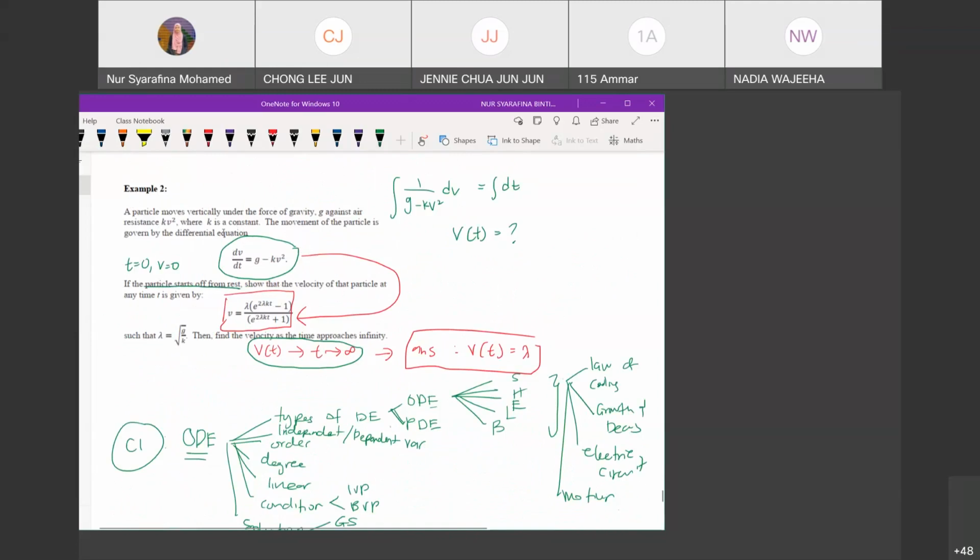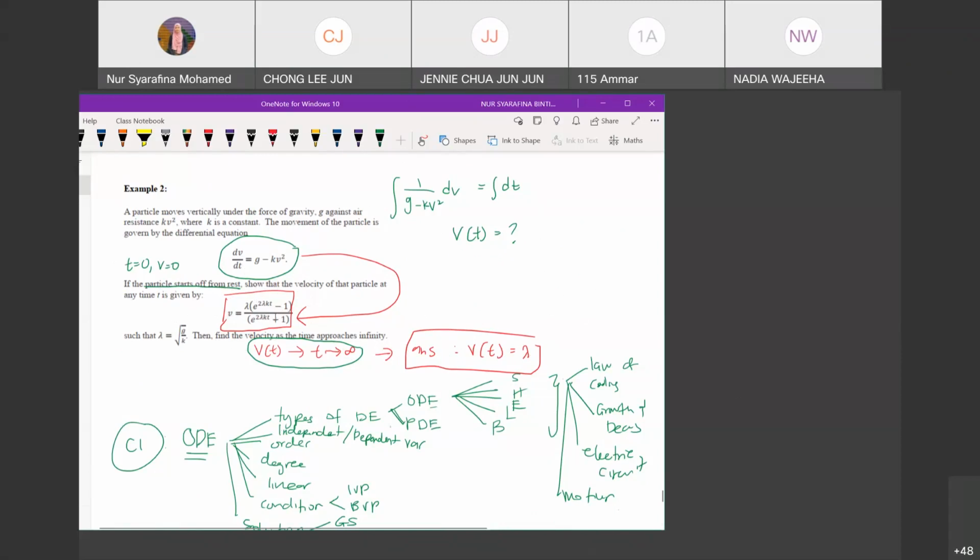If the particle starts off from rest, means that t is 0, v is 0. Show that your v is obtained by this equation where lambda is g over k. So this is just a showing process, and then find the velocity as the time approaches infinity. The answer is v equals lambda. Try to prove this and submit to the activity in the e-learning.